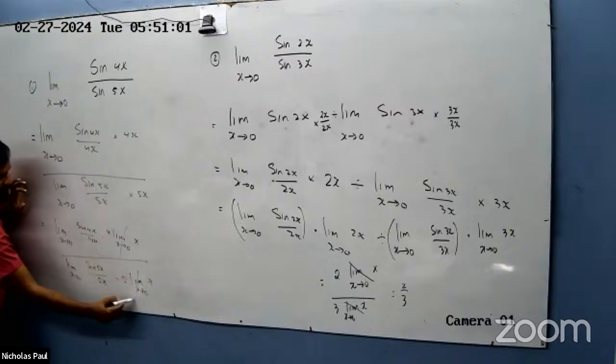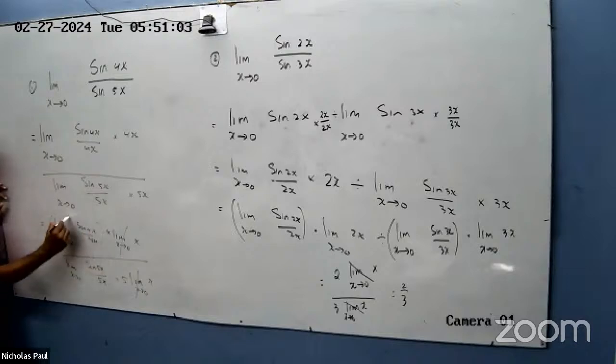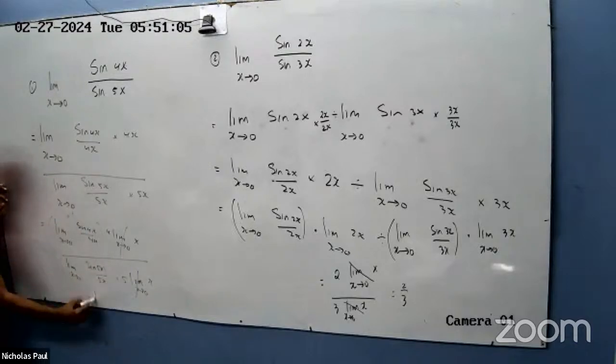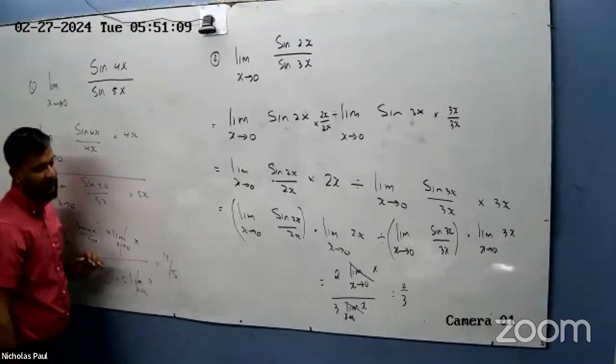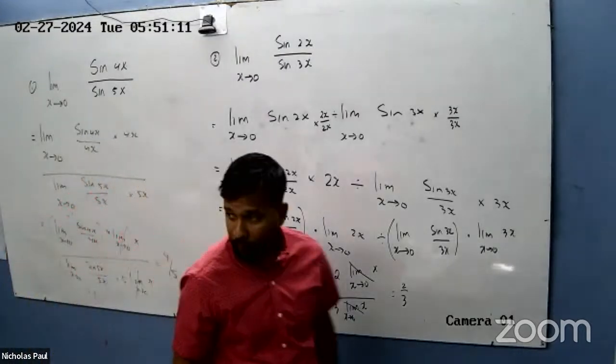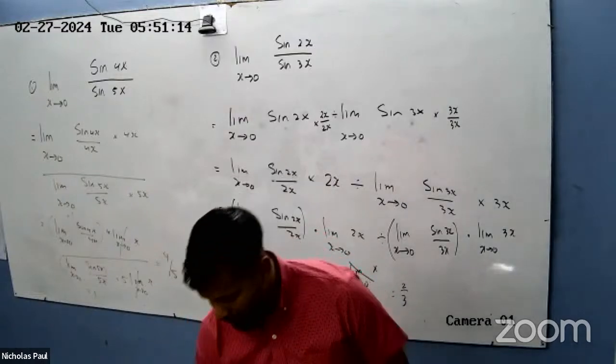This will cancel off and this is 1. So you'll end up with 4 over 5. Let's go again.